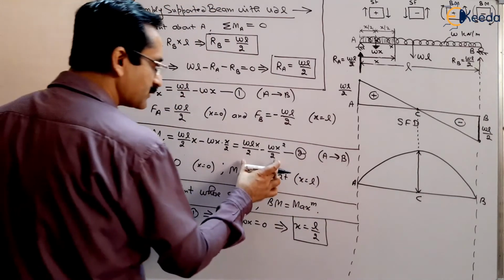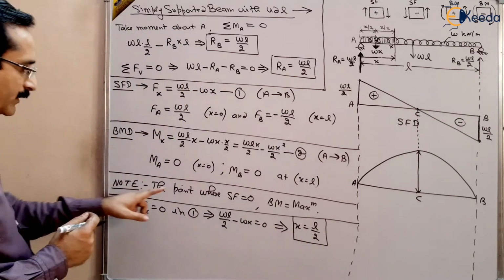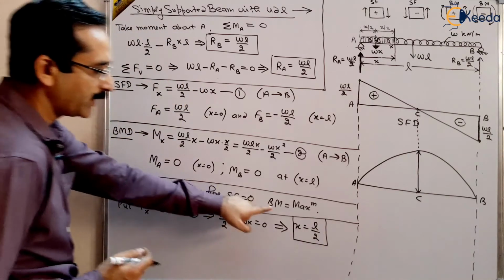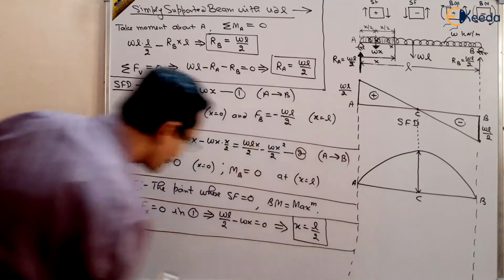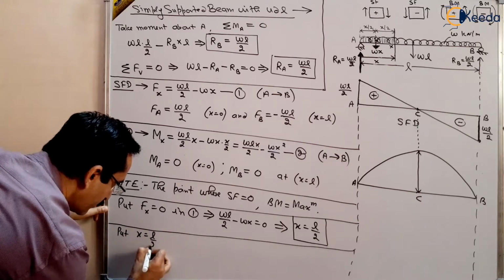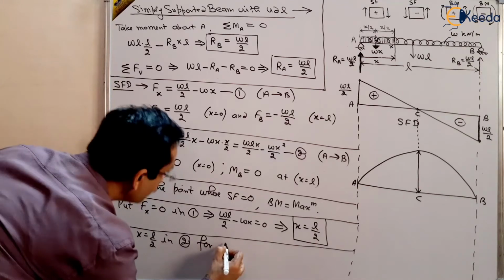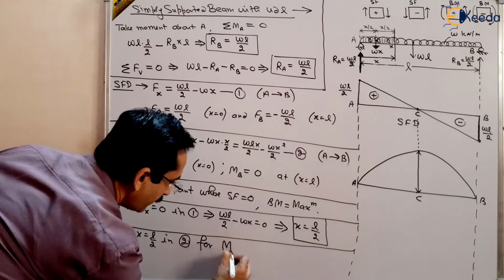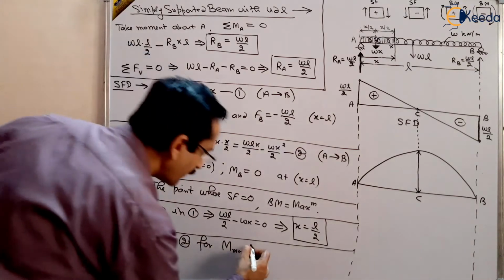So in this equation, find out the maximum bending moment by putting x equal to L by 2, because the point where shear force is 0, bending moment will be maximum. So now put x equal to L by 2 in equation 2 for Mmax. What will be the Mmax?